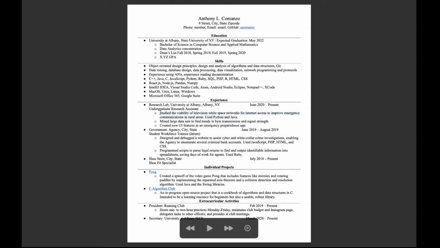But this is really vague, and I don't talk about how I actually studied or what I did to do this, which is bad. And I don't talk about any sort of impact that this had. It doesn't say what I actually did or what the outcome was. Mined large data sets to find trends in byte transmission and signal strength.